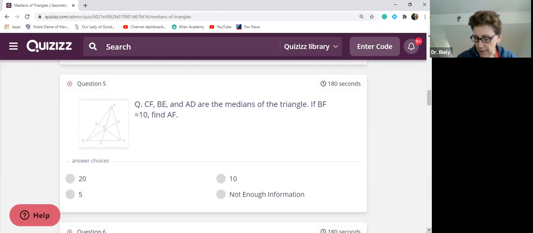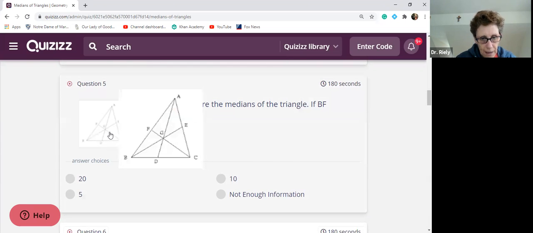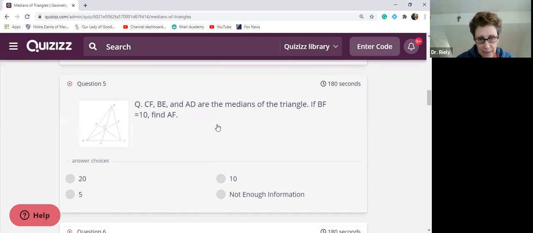And they're telling us if BF equals 10, find AF. So I see the medians and I see BF. BF is the outside of the triangle. AF has to be the exact same length. So if BF is 10, then AF is also going to be 10.